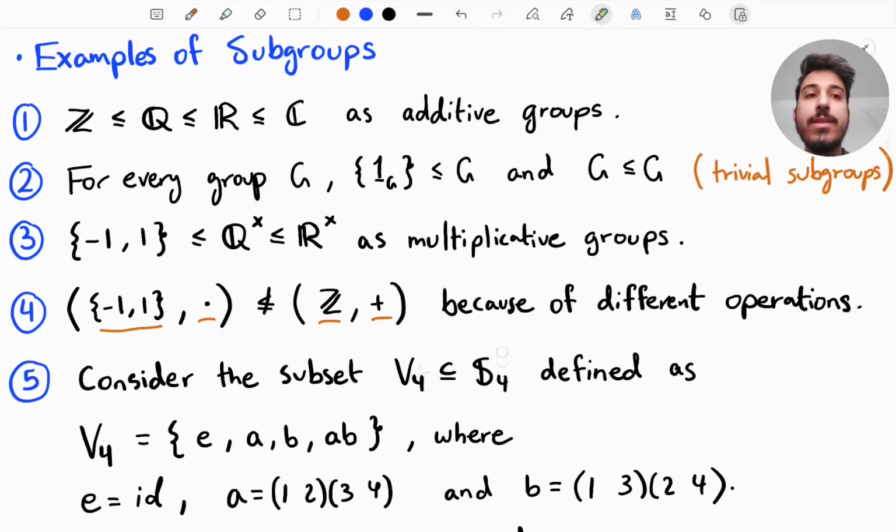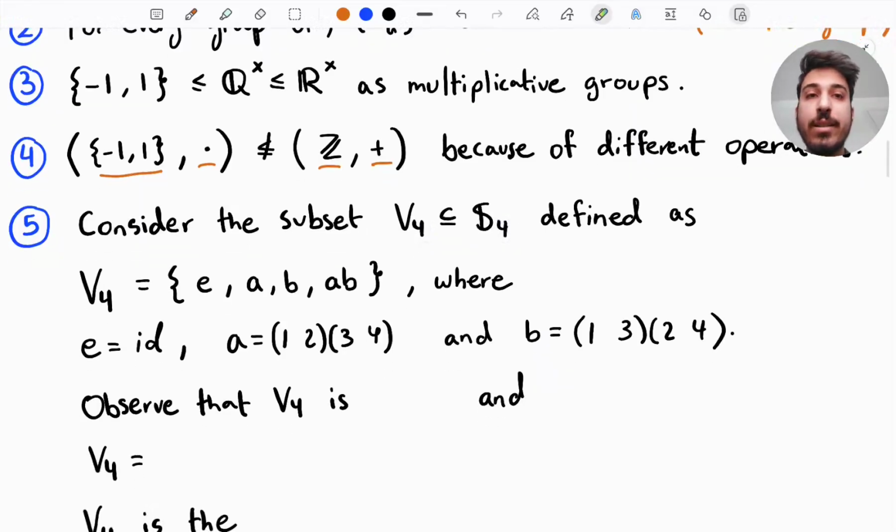Now, consider the subset V4 inside the symmetric group S4. If you don't know what a symmetric group is, I highly recommend you go back to lesson 5 in the course to learn a lot about this interesting set of groups. So, the subset V4 in S4 defined as V4 containing 4 elements E, A, B, and AB, where E is the identity permutation, A is the double transposition (1 2)(3 4), and B is another double transposition, which is (1 3)(2 4).